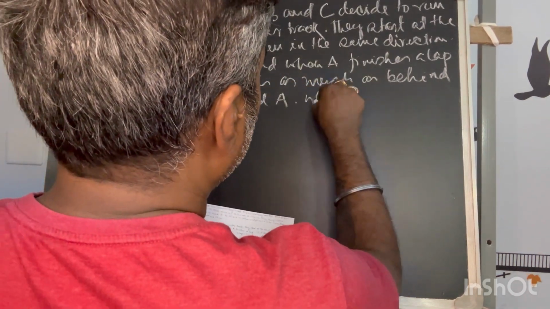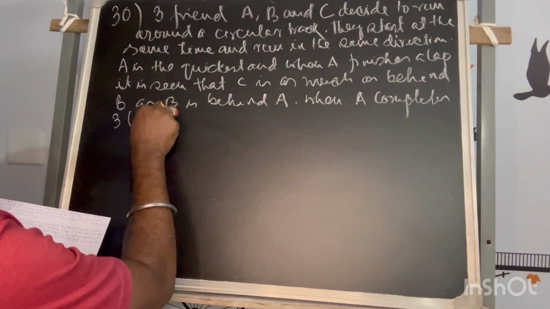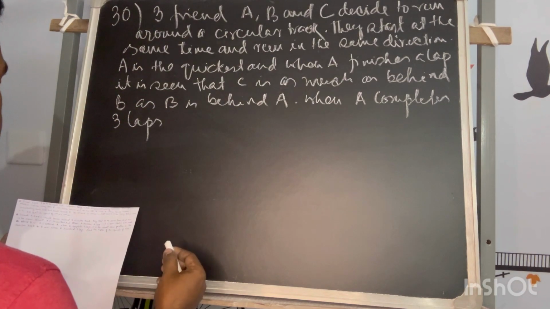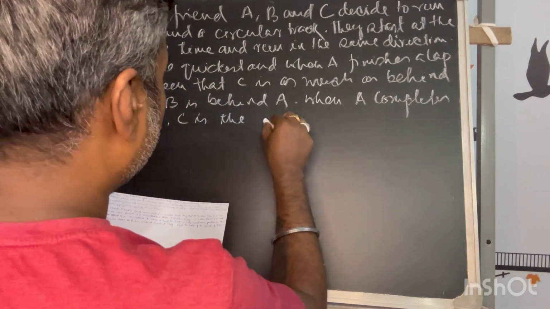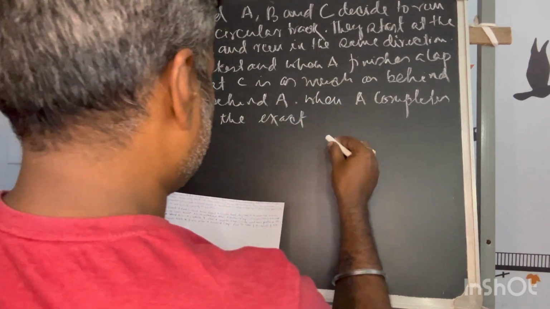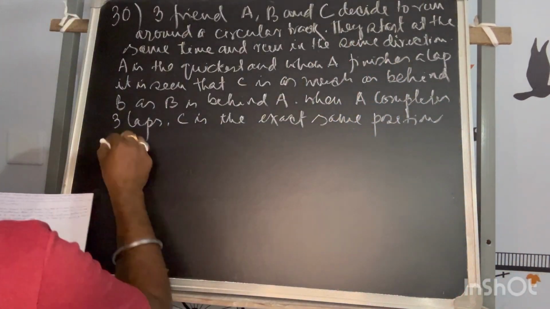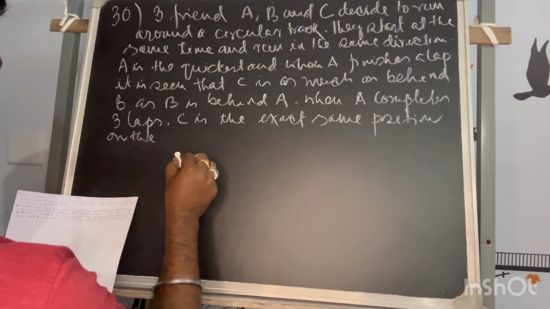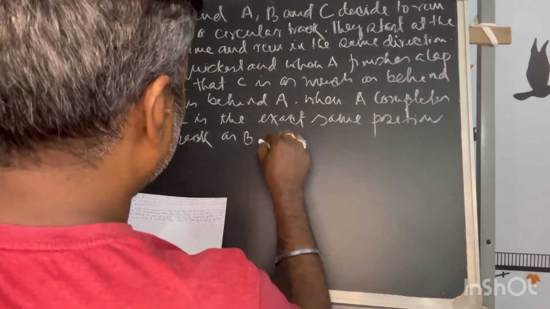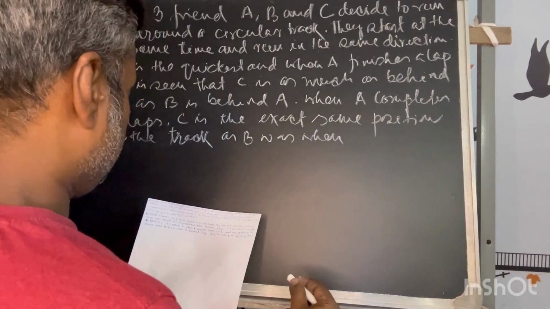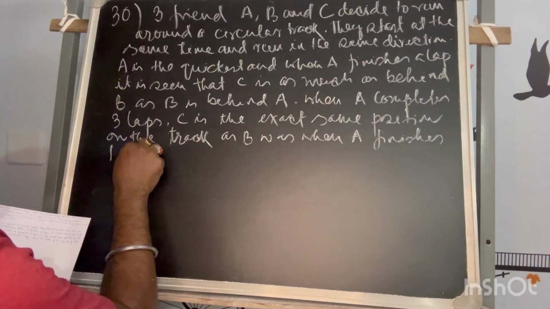When A completes 3 laps, C is in the exact same position on the track as B was when A finishes 1 lap.